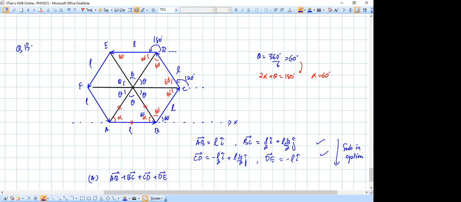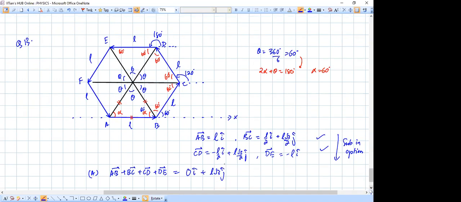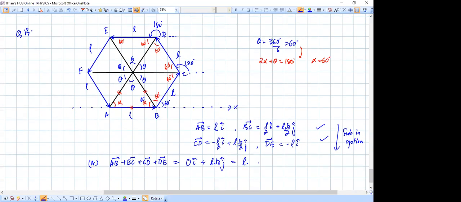So you can see the x component will become L plus L by 2 minus L by 2 minus L. So x component will be 0. And y component will be 0 plus root 3 by 2 plus root 3 by 2 plus 0. So it will become L root 3 J cap. So you can see that this is perpendicular to AB because AB is along I cap.